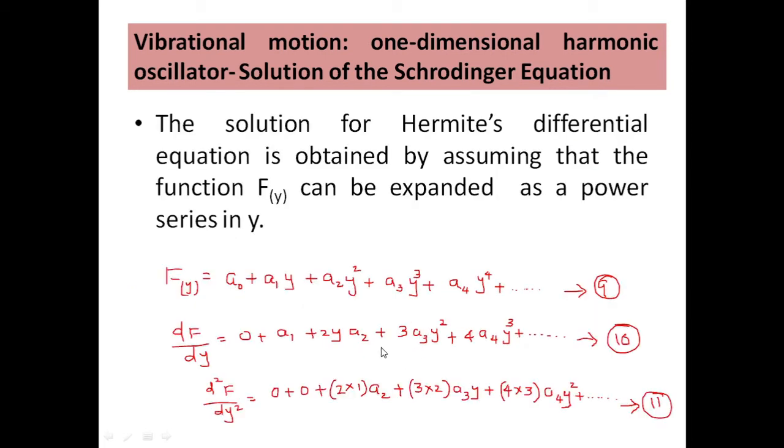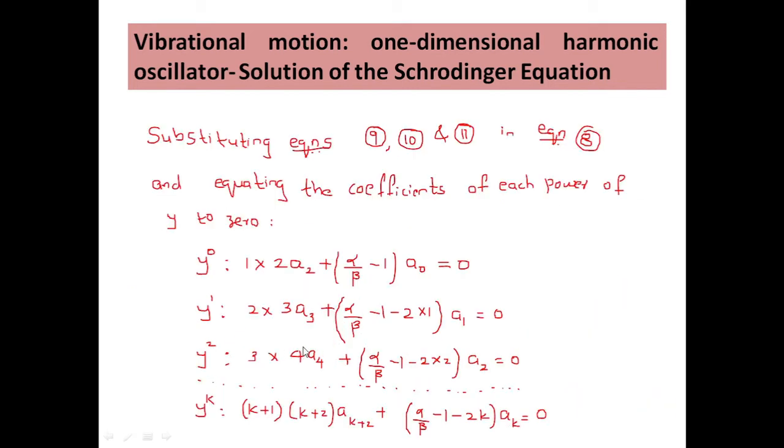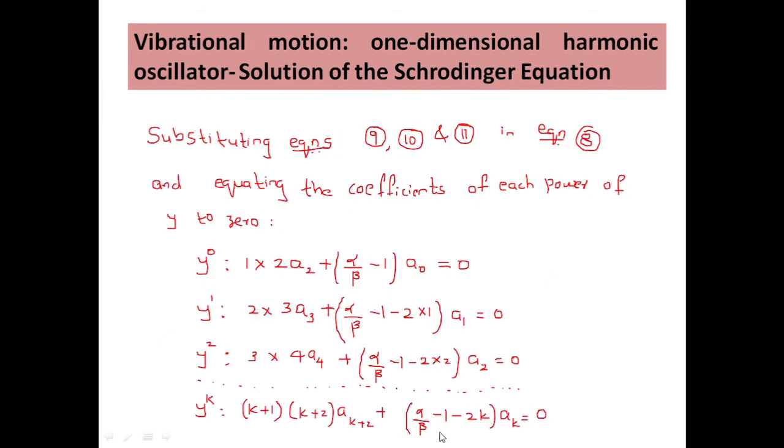Therefore, if we substitute for f of y, df by dy and d square f by dy squared, and collect all the coefficients of y raised to 0, y raised to 1, y squared, and in general a general term y raised to k, the coefficient is equated to 0. Thus we get ak plus 2 in terms of ak.